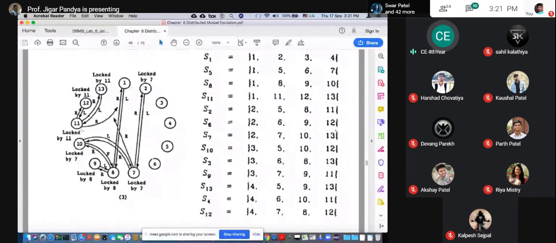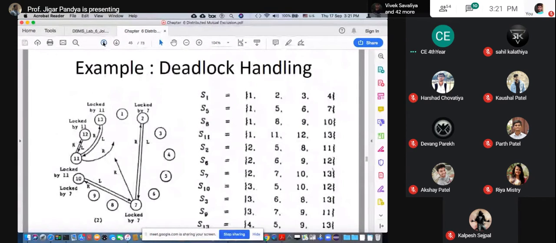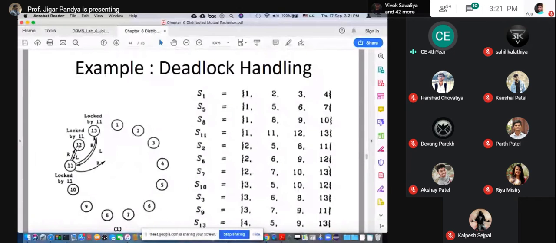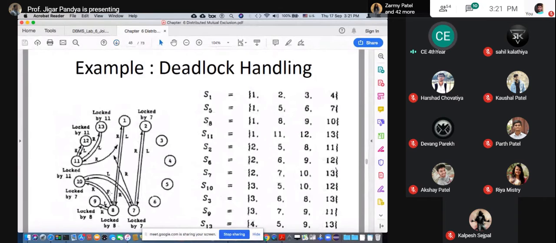You might feel like, oh, site 11 requested first, so 1 should have given the reply to site 11 initially, because we saw this diagram, right? We feel like, okay, site 11 started, so 1 should have sent the reply to 11. Why would site 1 send the reply to site 8?